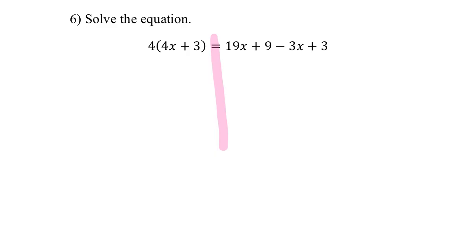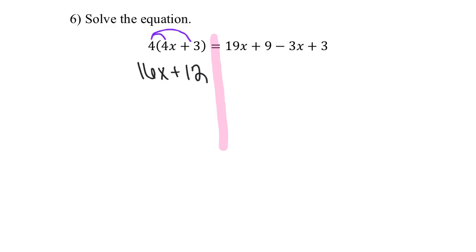Mathis? All right, we're going to distribute first. All right, so Mathis says distribute. And Mathis, when we distribute, what do we get as the expression? 16x plus 12. All right, that is in its simplest form. How about the right side?